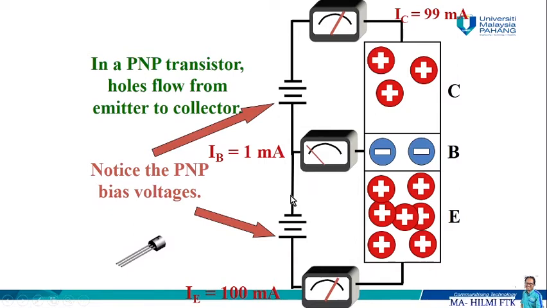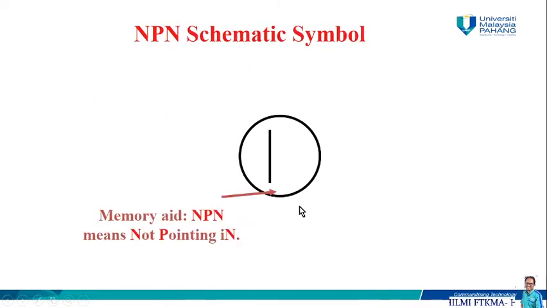So basically the calculation for the gain will still be the same, 99 over 1 milliamp, and we are still going to get the same result where the smaller current IB is controlling the larger currents IC and IE. But the one that's different is the input voltage and the structure of the PNP transistor itself.